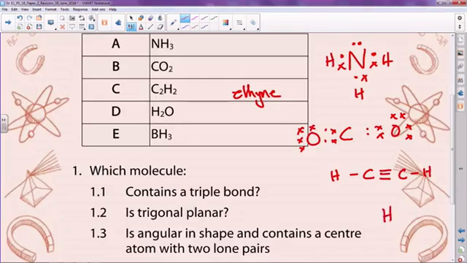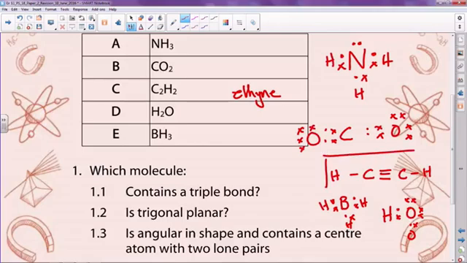Water: here's my oxygen. No, there's no triple bonds there. And with my BH3, I might have 3 bonds, but they're 3 separate bonds, so it's definitely not that one. So the only one it could possibly be is substance C.